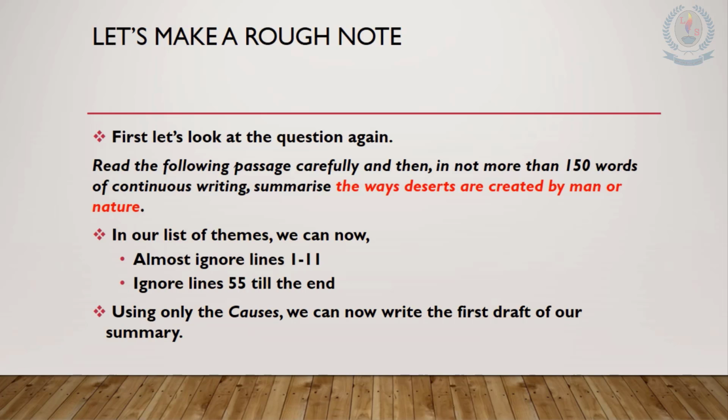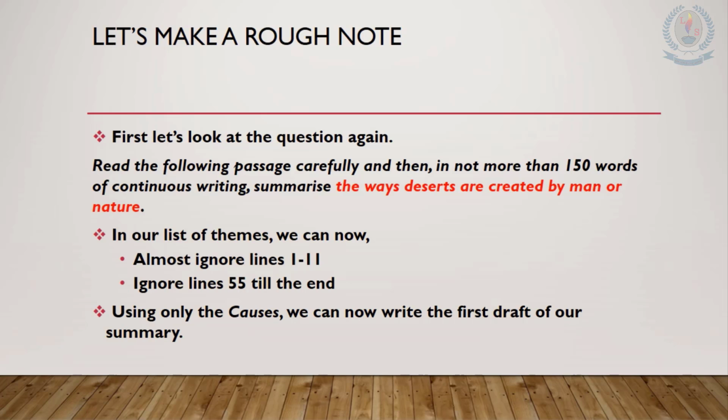Right? Next, in our list of themes, children, in the previous slide, I spoke to you about the list of themes. We can now almost ignore lines from 1 to 11 because it gives us the introduction. Good land is turning into desert. So we don't want to know about that. We can completely ignore the list given in line 55 till the end.